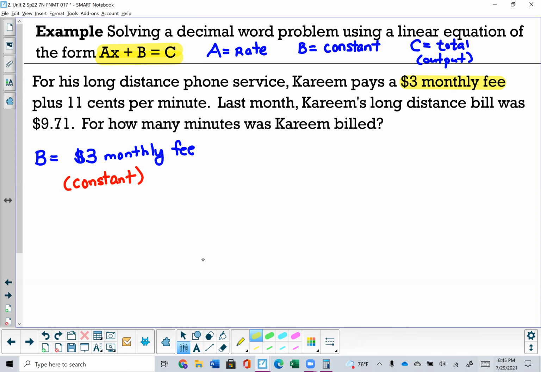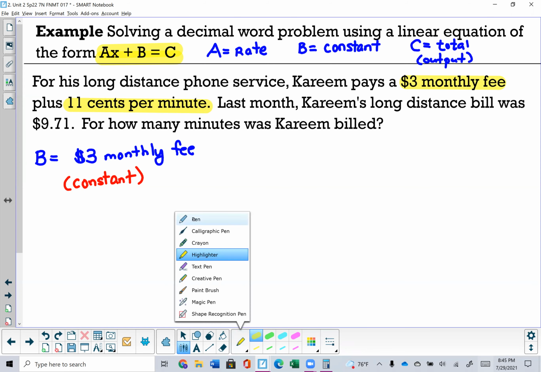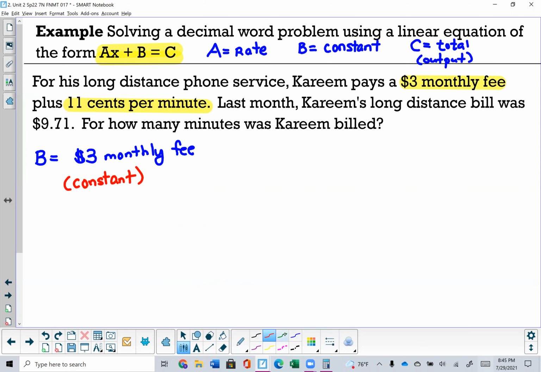Then we have plus 11 cents per minute. See that 11 cents and then it says per minute. That tells us we have a rate. So $0.11 per minute.